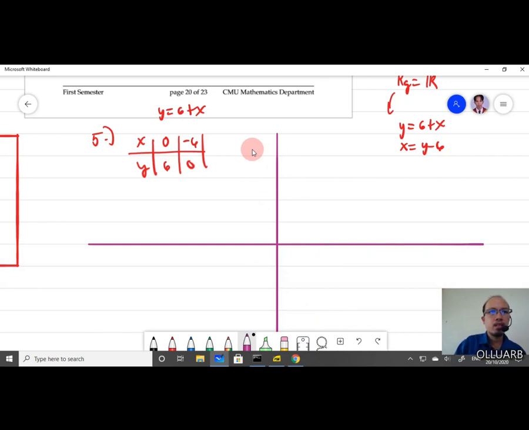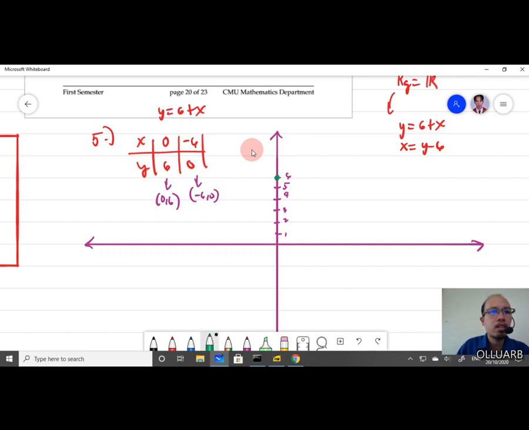So let's try 0, 6. So 1, 2, 3, 4, 5, 6. So 0, 6 is this one. This ordered pair corresponds to 0, 6, and this one is negative 6, 0.